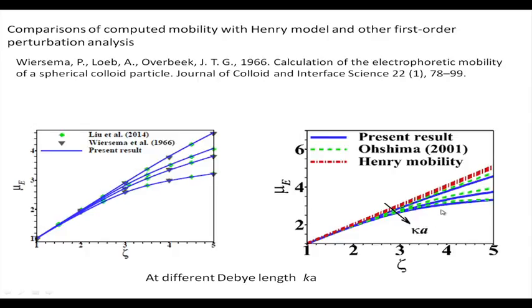So, in that case the deformation of the double layer, or the double layer polarization, becomes very important. So, here is the comparison with the computed solutions and all these model solutions. Henry, Oshima is another model, then Weizermann.